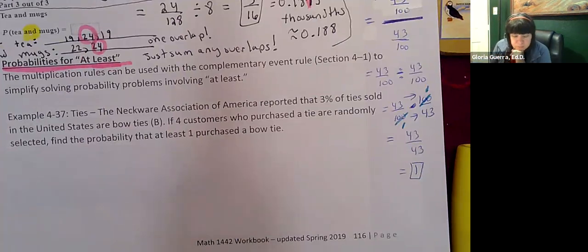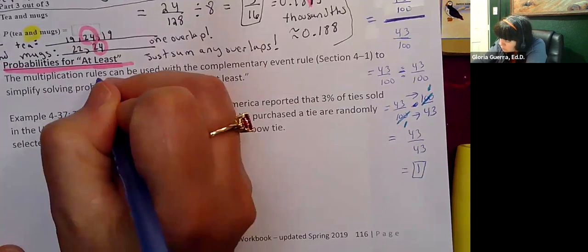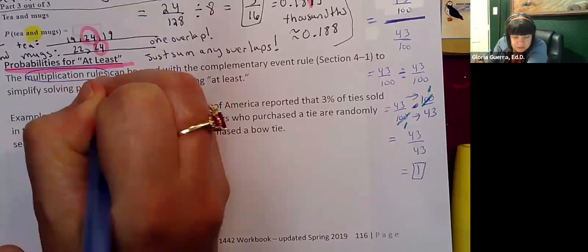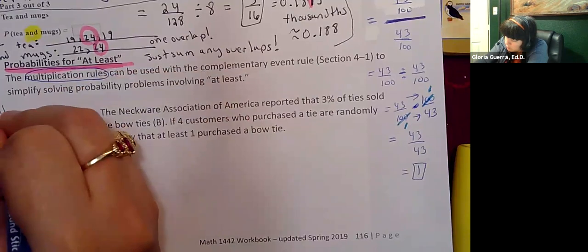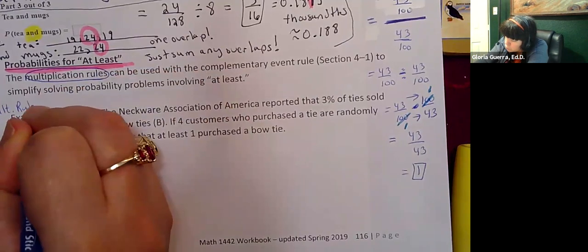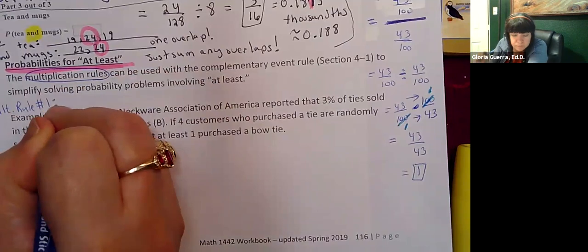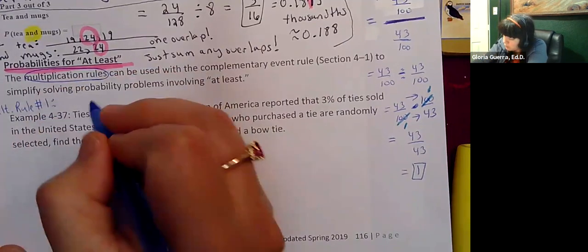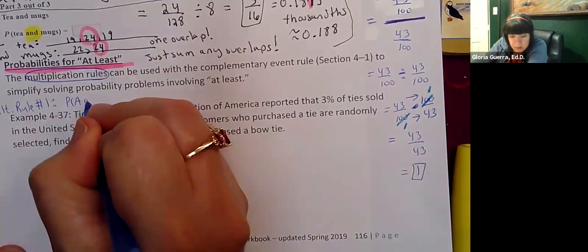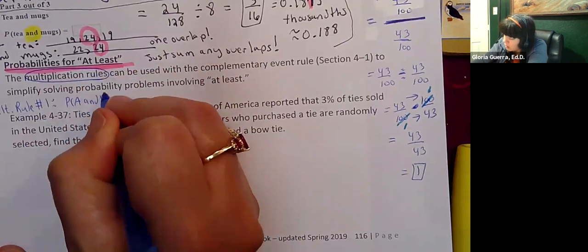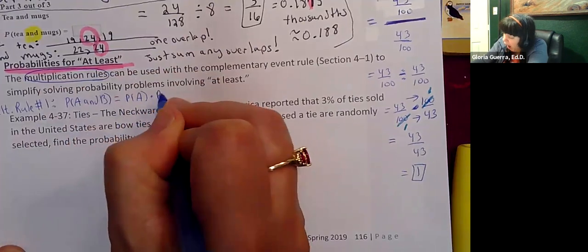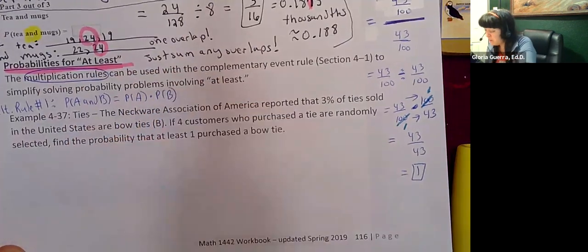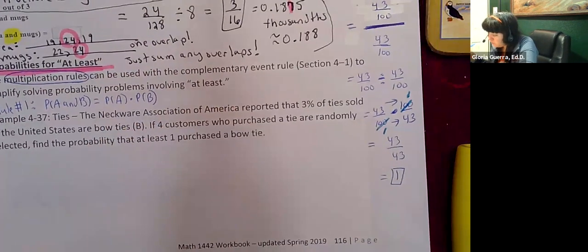With the multiplication rule, we're talking about multiplication rule number 1. That's what I wrote down here: probability of A and B is equal to probability of A times probability of B. That's the multiplication rule.